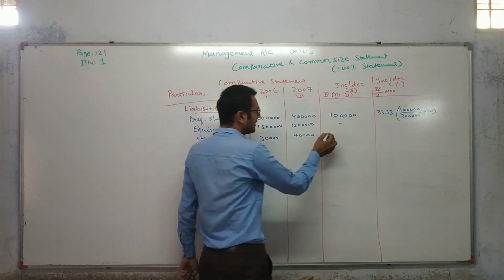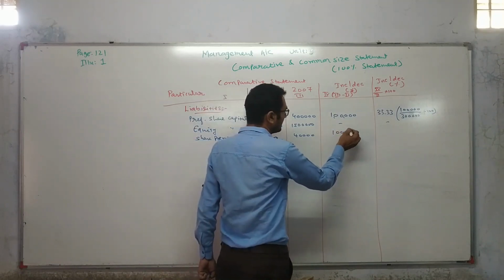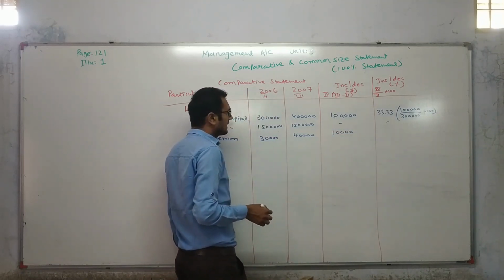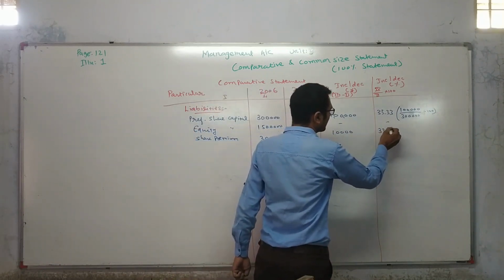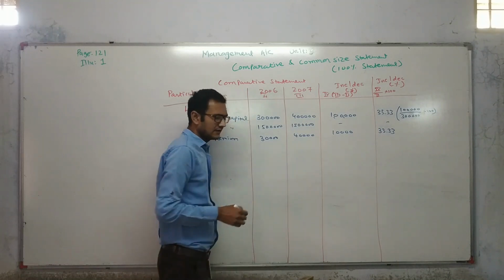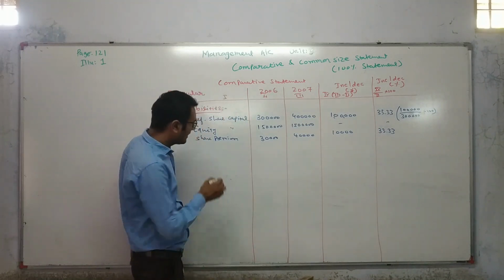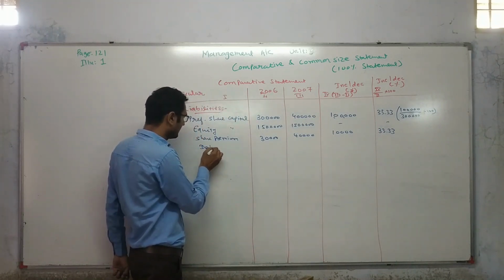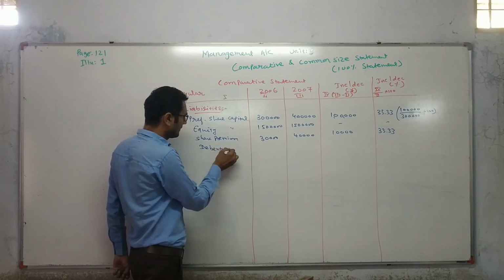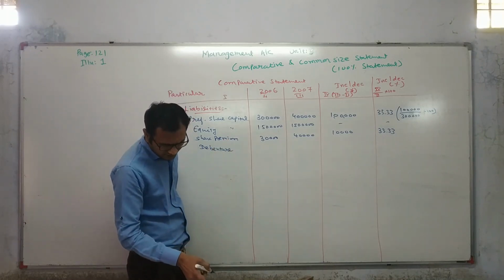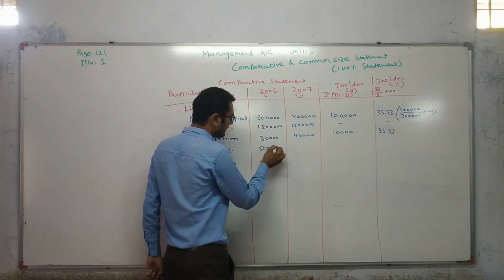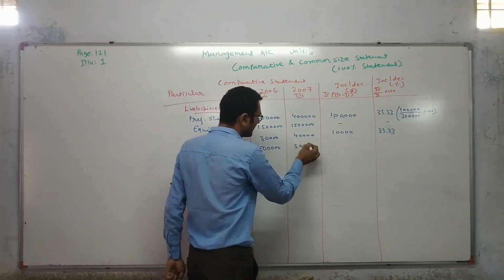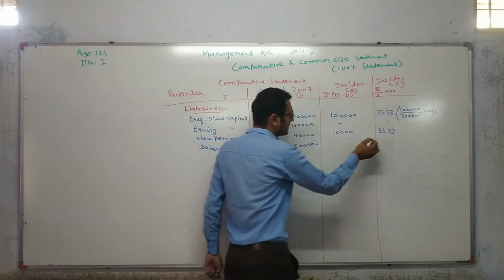So difference 10,000. Now 10,000 divided by 30,000. So you will get 33.33%. And debenture. Now debenture 5 lakh and 5 lakh. So there is no change.